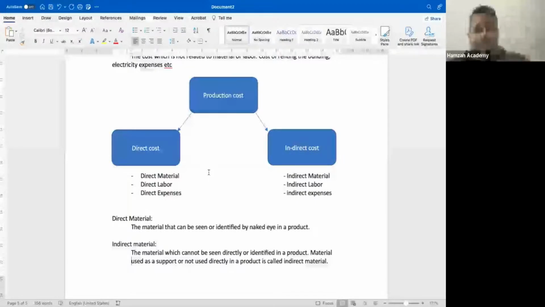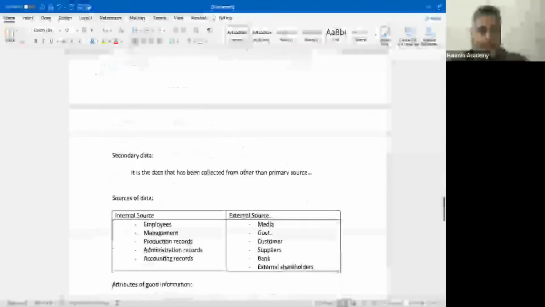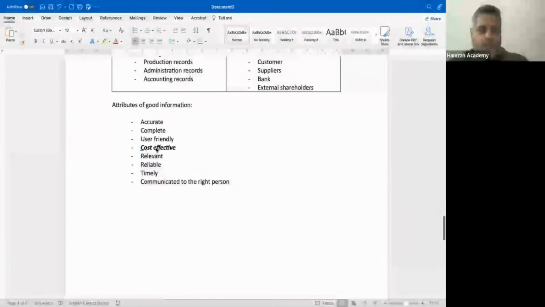Because remember this qualitative characteristic, which I highlighted as well: cost effective. Now you have to check the cost per unit of that glue or the nails or whatever. Then how is it possible for you to calculate the cost? Because the resultant answer is going to be a very low or little amount.